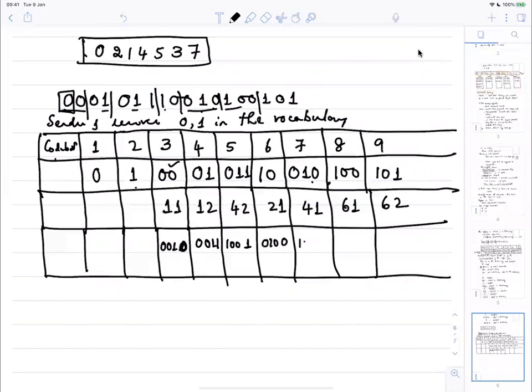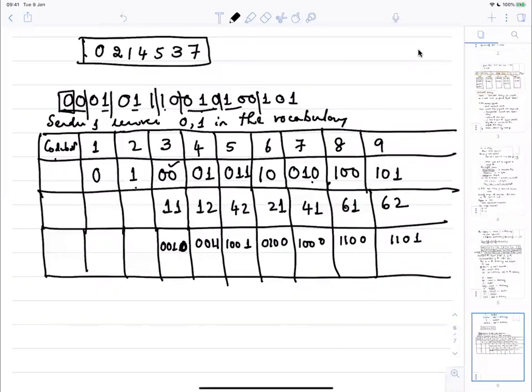This is 1, 0, 0 followed by 0, and this is 1, 0. Where is 1, 0 now? 6, no? So 1, 1, 0 followed by 0, and this is 1, 1, 0 followed by 1.